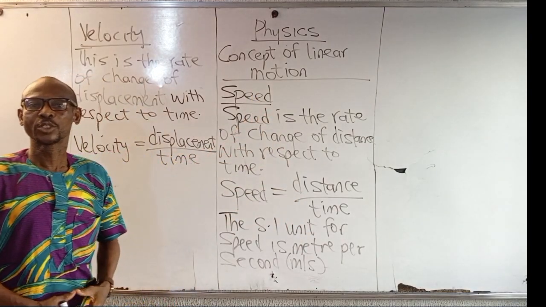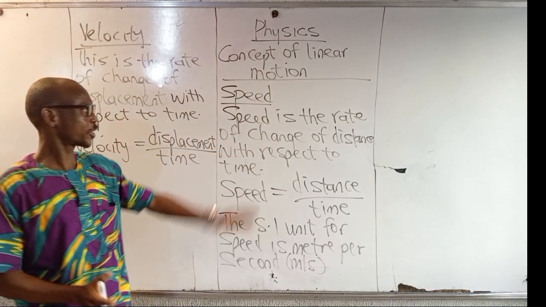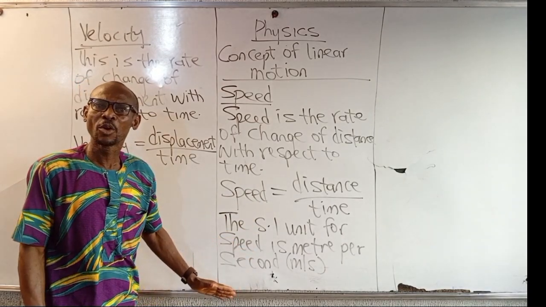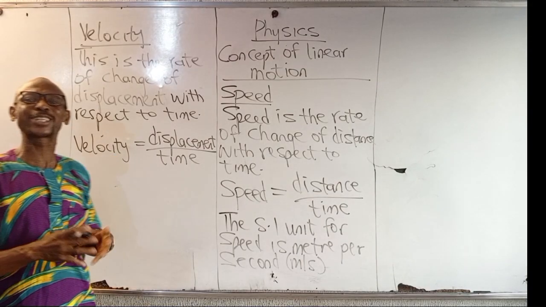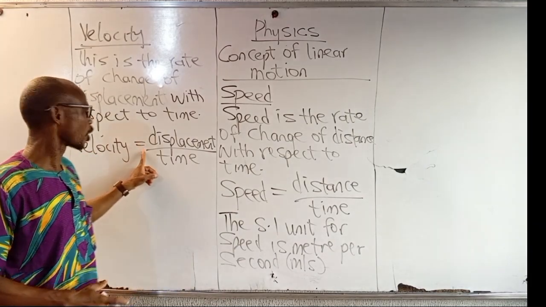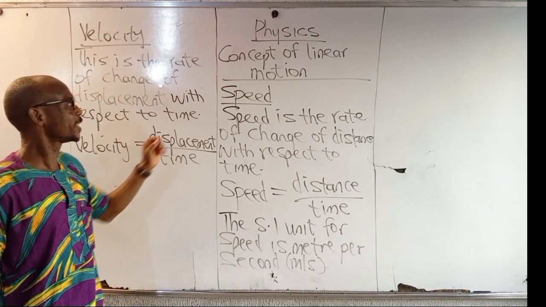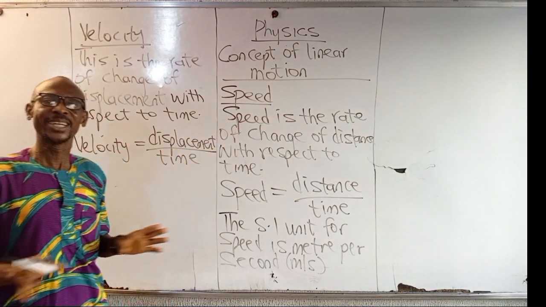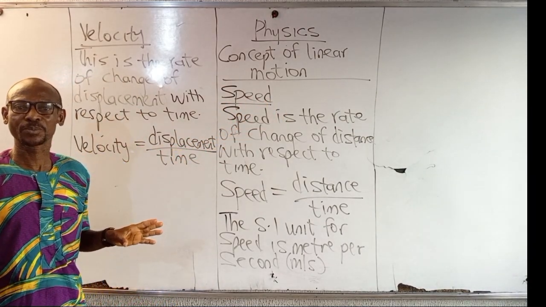Speed. So it means that velocity and speed, there's a relationship between them. Velocity is a vector quantity, while speed is what? A scalar quantity. That is just the basic difference.